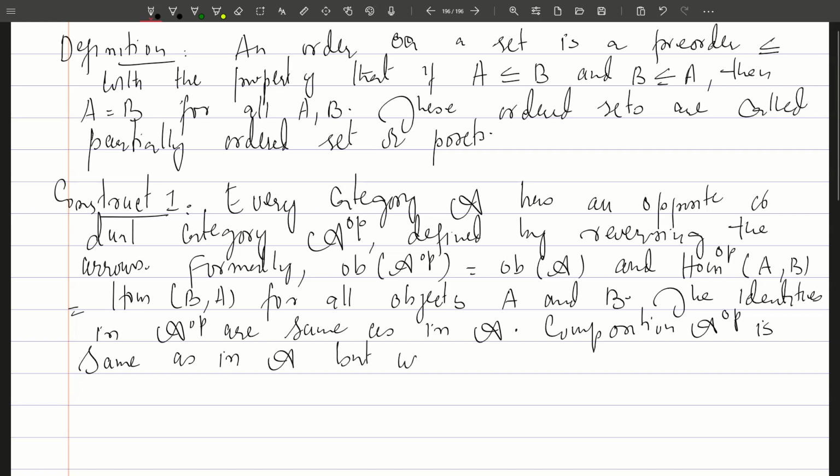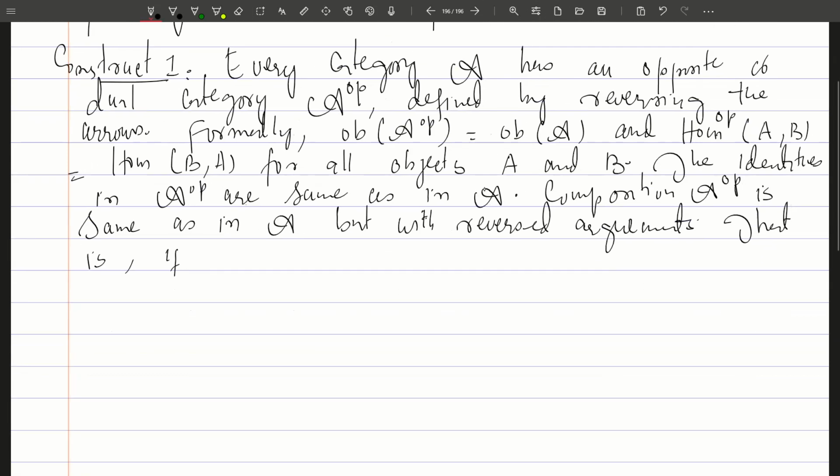That is, suppose we are given maps f and g, from object A to B and B to C. So this is the map f and this is the map g.